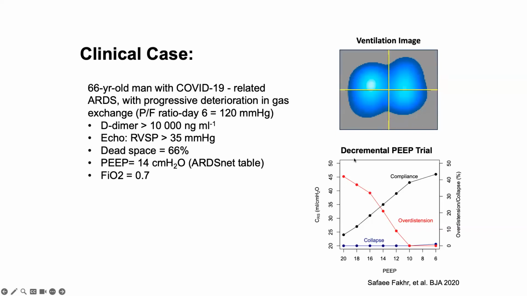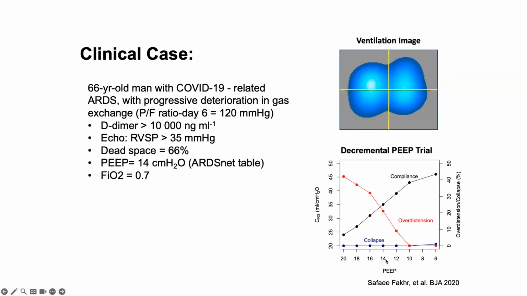Then we performed a decremental PEEP trial, and we can see here from 20 to 6 of PEEP that while PEEP was reduced, we could not detect an important amount of collapse in blue, while overdistension was reducing PEEP by PEEP.